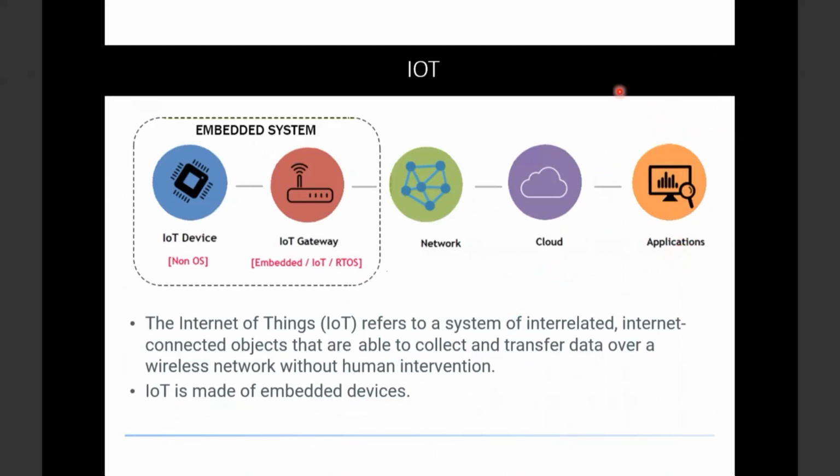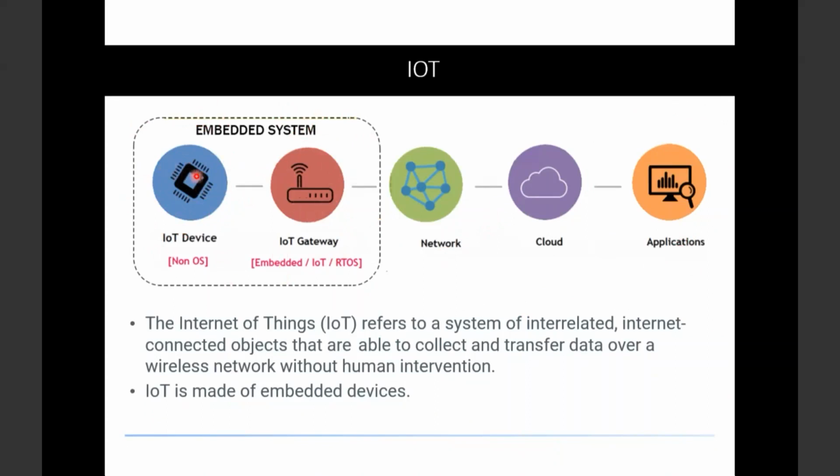This is the relationship between IoT and the embedded system. You can see here, this is the embedded system. Inside this embedded system, it has the processor. This is an IoT device, and this is the IoT gateway.